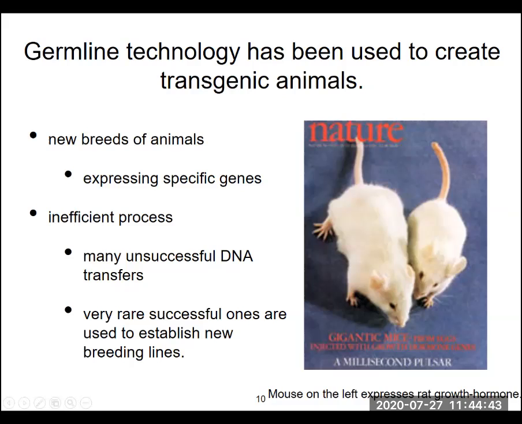Now, the thing with this is that you may go through this and do it a couple hundred times and result in lots of unsuccessful DNA transfers. It's going to be relatively rare that we're able to put it in, have it incorporated, have it expressed in all the cells, and have it be expressed in a way that can be passed on to future generations.